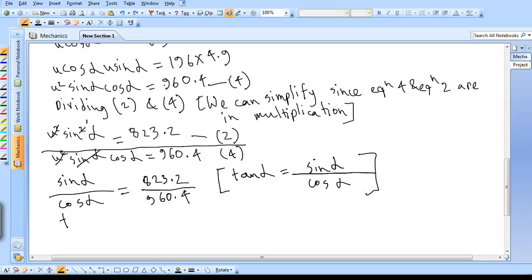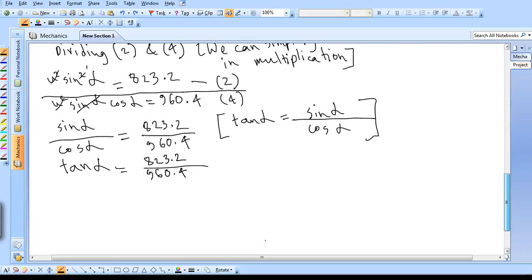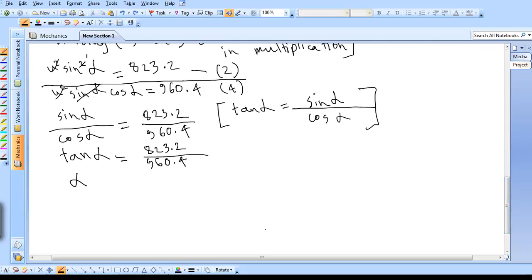So here we will substitute the value with tan alpha is 823.2 by 960.4. So now we are going to inverse tan this value.